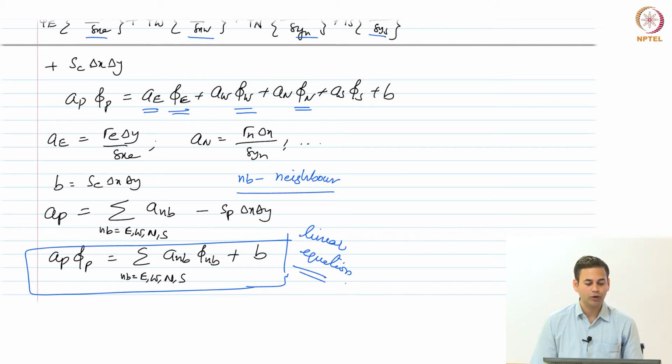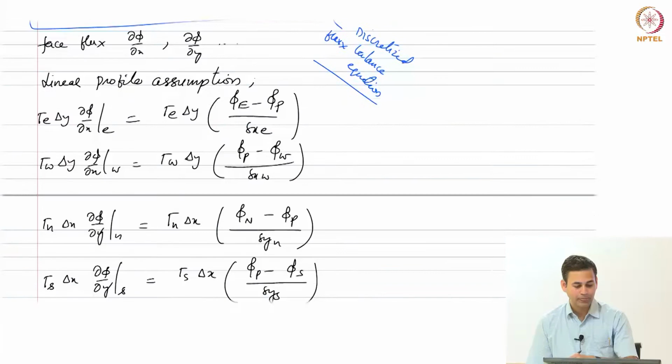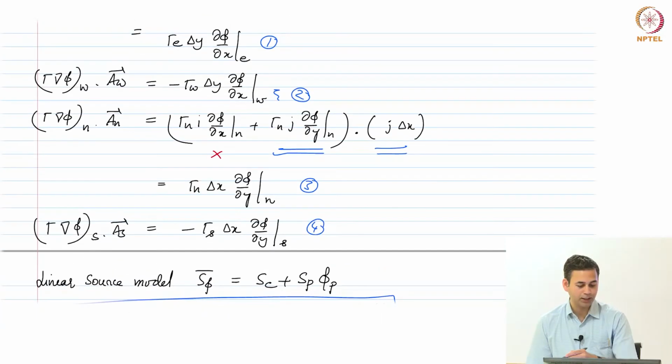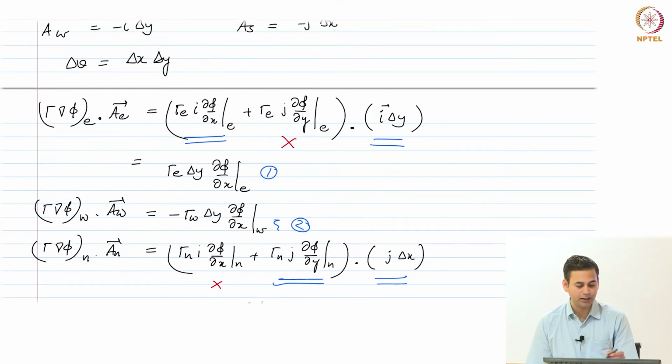Now what you see is, because all the faces are aligned with the x and y axes, we did not get any cross terms. For example, the east face always had the x derivative, it never had the y derivative. Earlier, when we started off, we had these terms on the east face, a y derivative, but that never showed up.